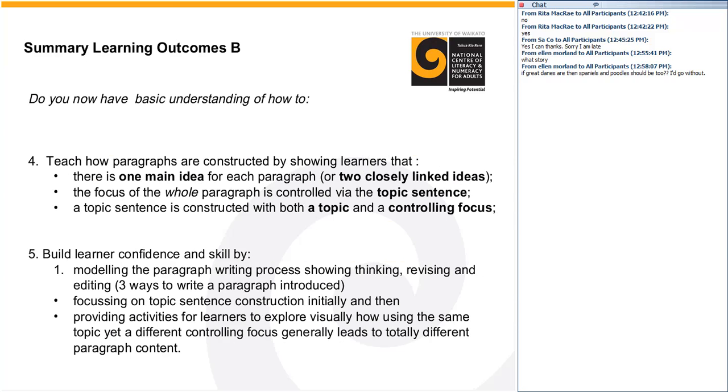And the summary for learning outcomes: getting learners to organize their minds, knowing that with one main idea, one paragraph, the whole paragraph can be controlled by the topic sentence. And the learners learn how to control this by having played with their topic and controlling focus in the exercises we did earlier.